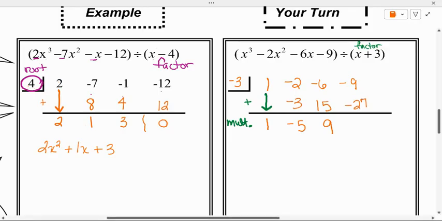It's negative 27. Negative 9 and negative 27 give me negative 36. So I started with an x cubed, so this is 1x squared minus 5x plus 9 plus negative 36 over the factor x plus 3, right?